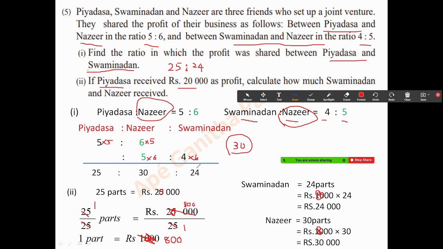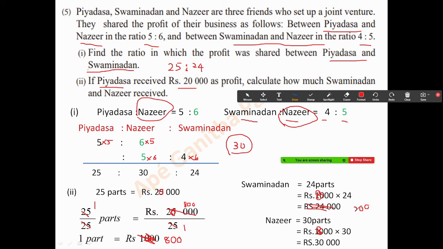Swaminathan received 24 parts. So if you know 1 part as 800, then how to find 24 parts? 24 multiplied by 800. Write these two zeros. 800 multiplied by 24. 8 into 4, 32.